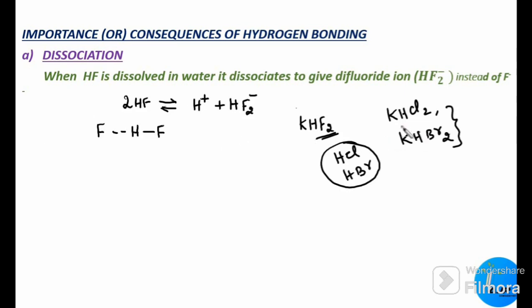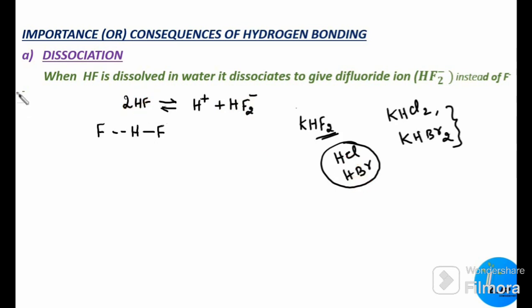The reason we do not have these two types of compounds is the absence of hydrogen bonding in HCl and HBr. Chlorine and bromine have a huge size when compared to fluorine, so the distance between the nuclei and the valence electrons in Cl and Br is too high. So hydrogen bonding is not possible, and this abnormal behavior is observed only in hydrogen fluoride and not in HCl or HBr.